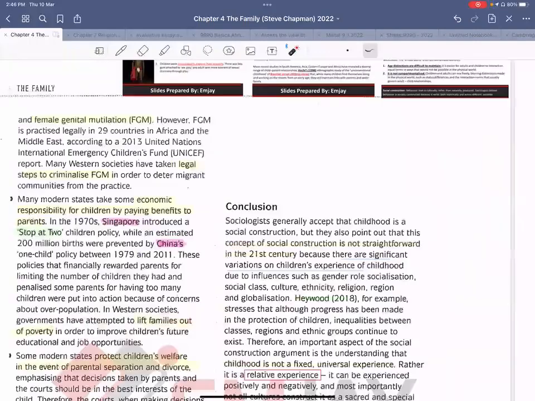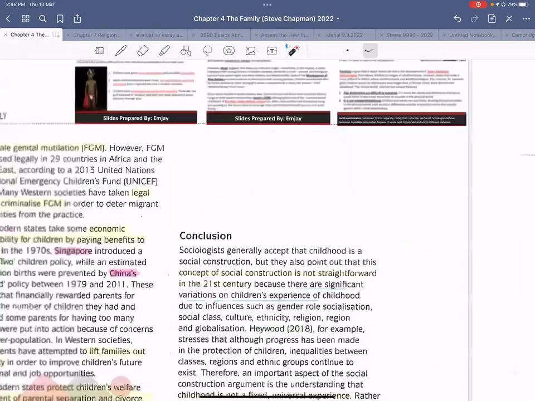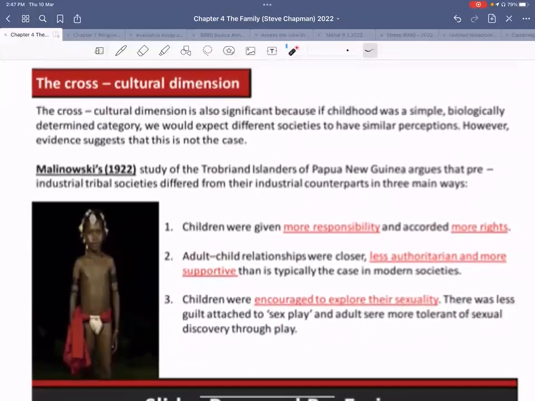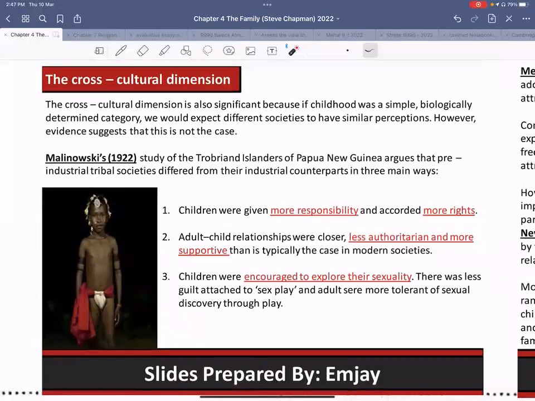Now let's conclude this. Sociologists generally accept that childhood is a social construction, but they also point out that this concept of social construction is not straightforward in the 21st century because there are significant variations in children's experience of childhood. Now, when we talk about children's experiences of childhood, I'd want you all to go up over here and have a look at this, the variations and the experiences children have.